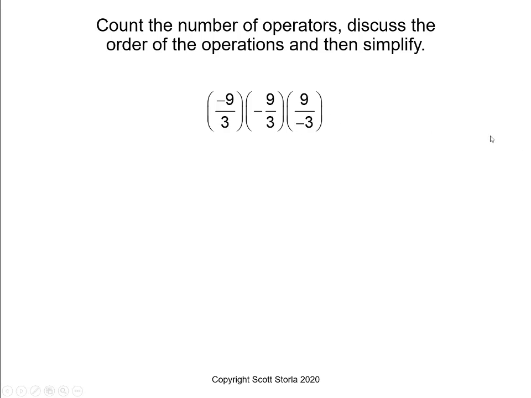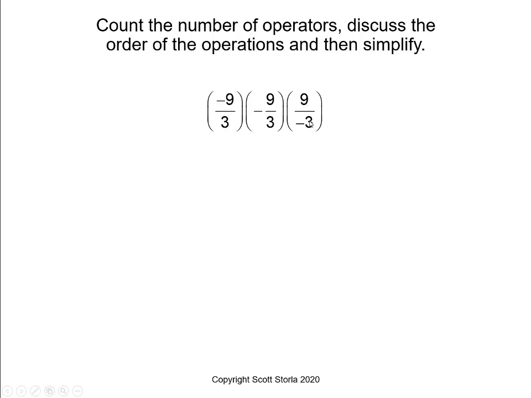I'm just going to treat it like it looks. So I have 1, 2, 3, 4, 5 operators. And for all three, because of the parentheses, I'm going to have to do the division first. Positive 9 divided by positive 3 is 3, and the signs are different, so this will be -3. 9 divided by 3 will be 3, and again it'll be -3.